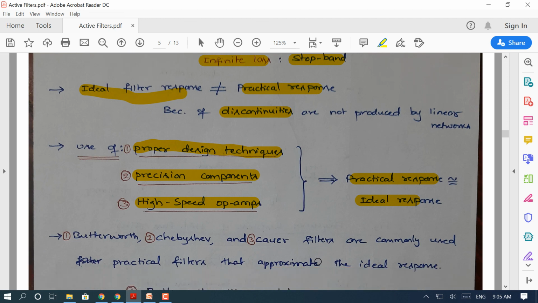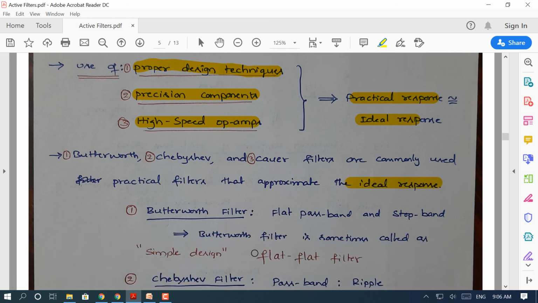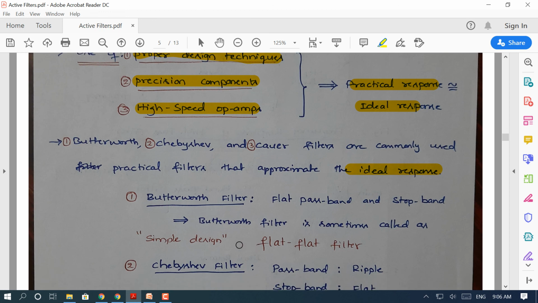Okay. Next, as already mentioned, filter functions such as Butterworth, Chebyshev and Cauer are commonly used in practical filter design, and they closely approximate the ideal response. What is so special about the Butterworth filter? The Butterworth filter has a flat pass band, that's one of the advantages for us, and the stop band is also flat.